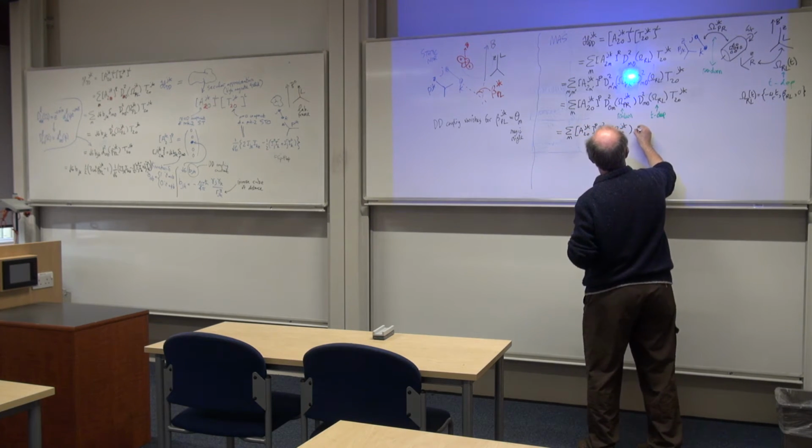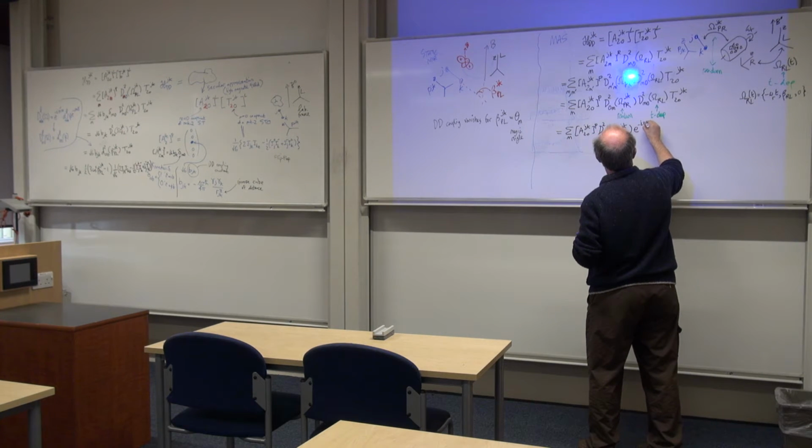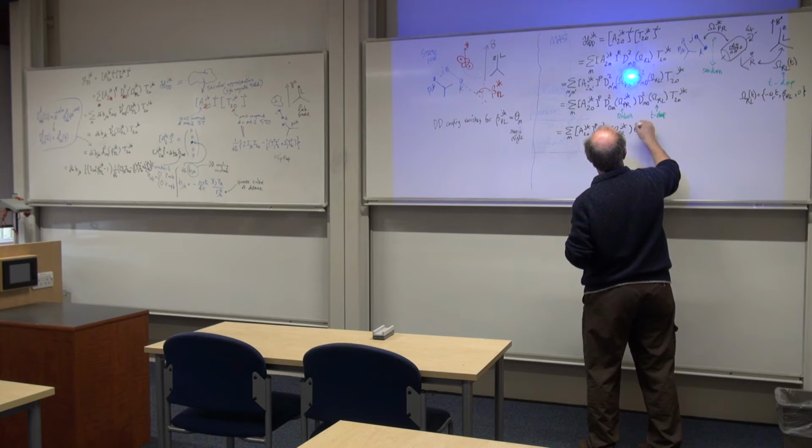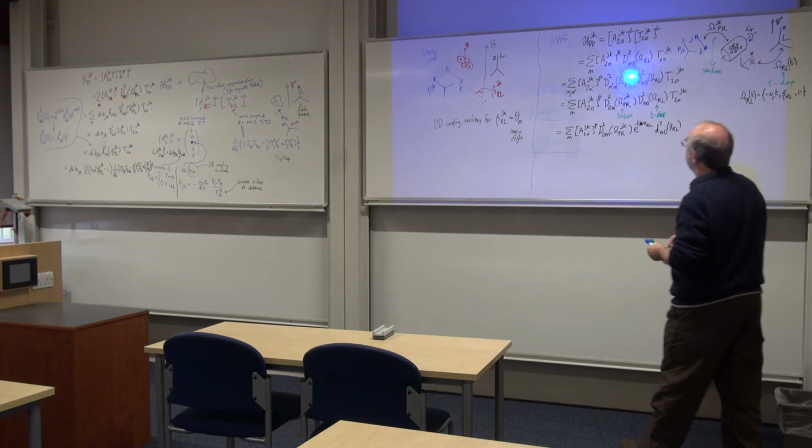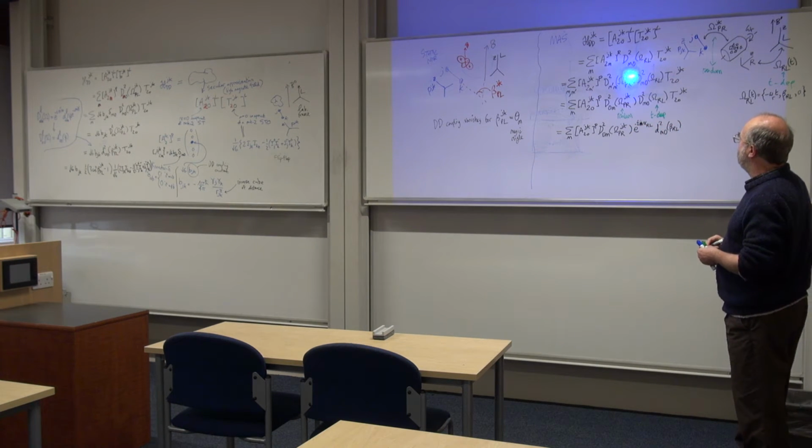If you remember, it goes e to the minus i m alpha RL, and then the reduced Wigner matrix, beta RL.